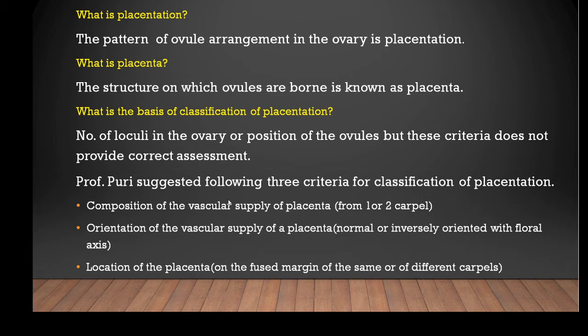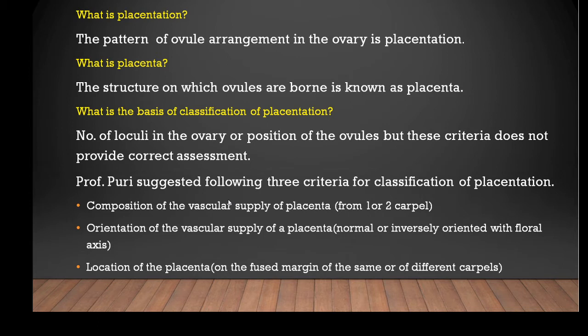There is little or no modification of the region where ovules are borne. So each placenta is generally regarded as composed of two half placentae borne on contiguous margins of the same or different carpels.